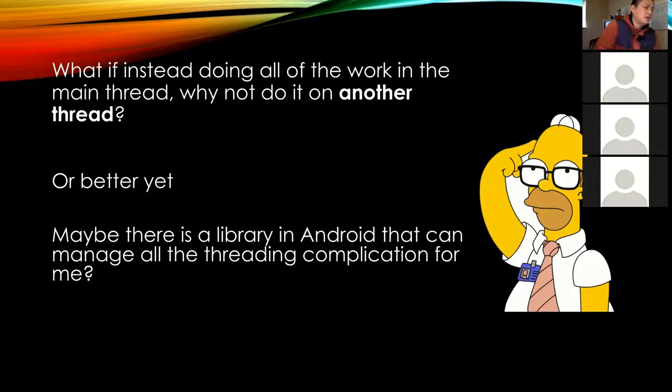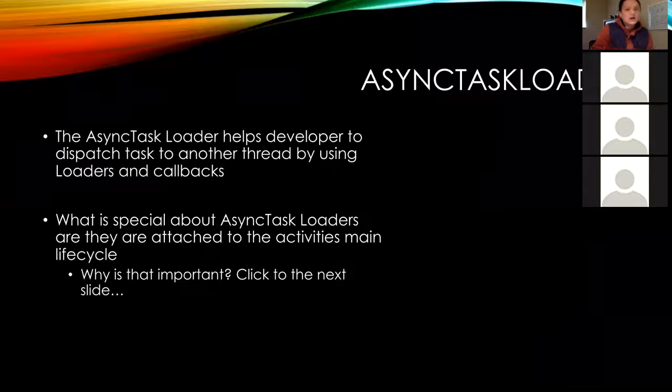Android has a library for you that's called the AsyncTaskLoader, right? On the low level, if you're just talking about Java, it's basically a neat wrapper over the thread class.